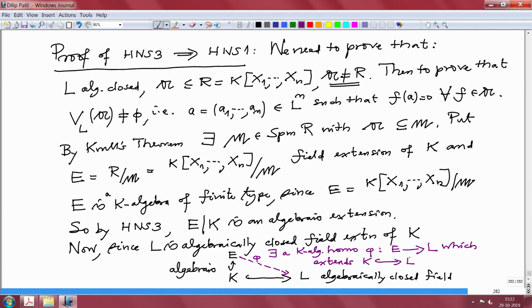This is a fairly easy theorem in field theory, so I will leave it for you to check. So I will only mark here, check. So once we have that, then that means what? I will draw the diagram again on the next page.